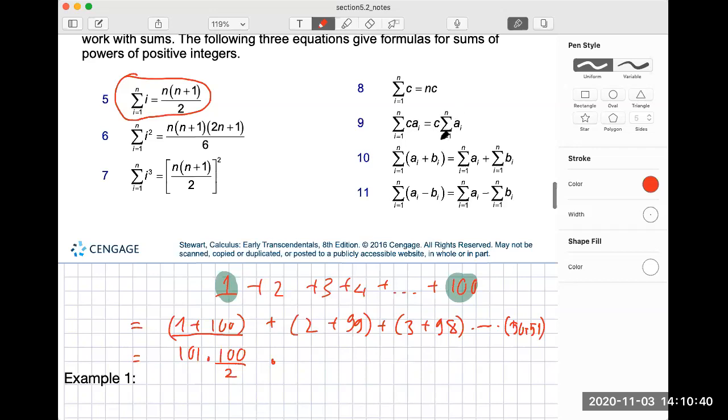The sum from 1 to n of ai plus bi would be the sum of ai from 1 to n plus the sum of bi running from 1 to n. Similar story for difference.